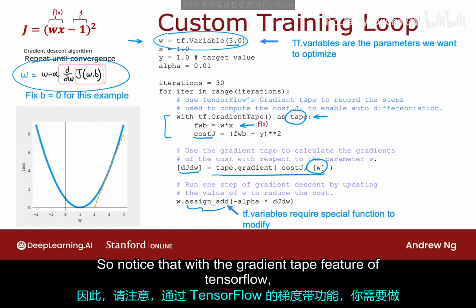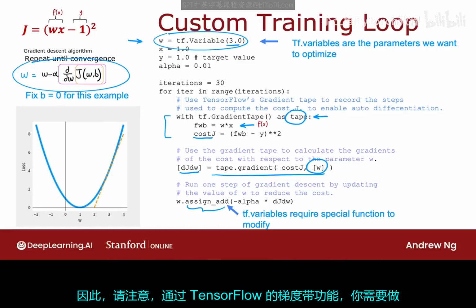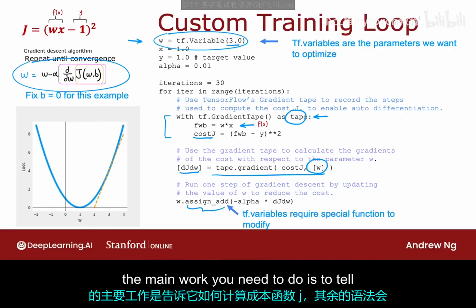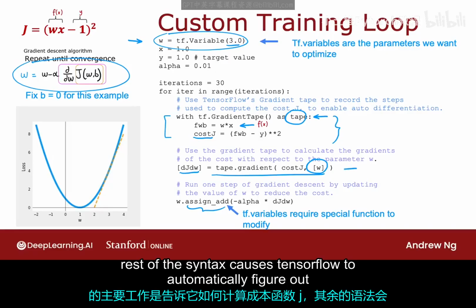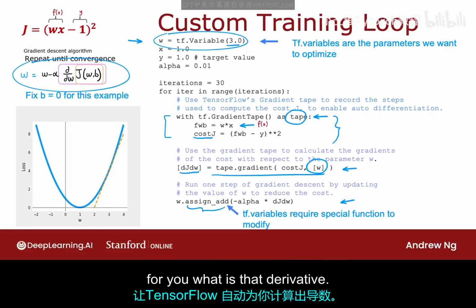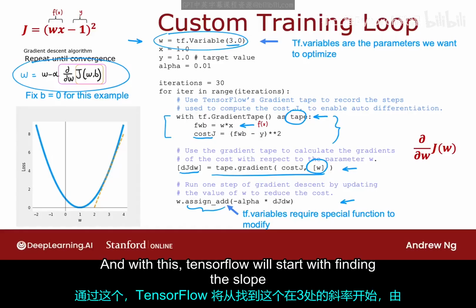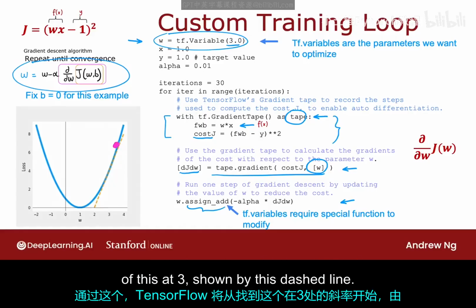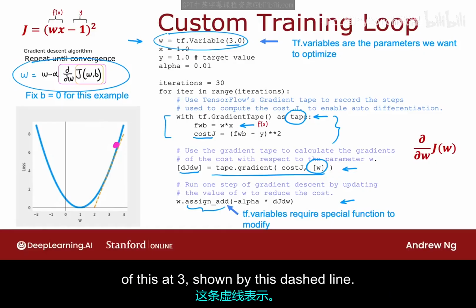So notice that with the gradient tape feature of TensorFlow, the main work you need to do is to tell it how to compute the cost function J, and the rest of the syntax causes TensorFlow to automatically figure out for you what that derivative is. And with this, TensorFlow will start with finding the slope of this at 3, shown by this dashed line.